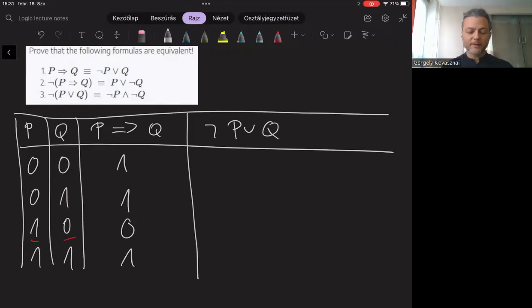Now let's evaluate the other formula, not P or Q. Well, not P evaluates to 1, 1, 0, 0. Since now we are evaluating a disjunction, if one of the operands is 1, then the disjunction must be 1 immediately.